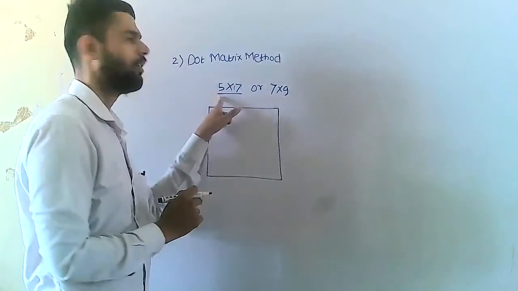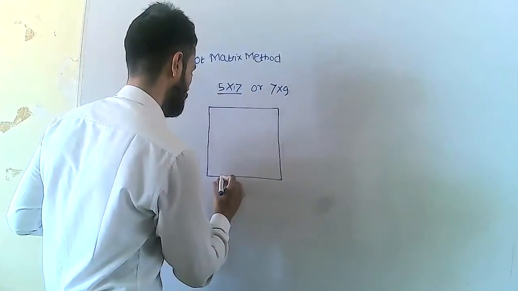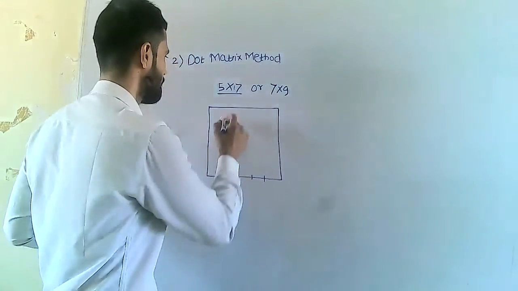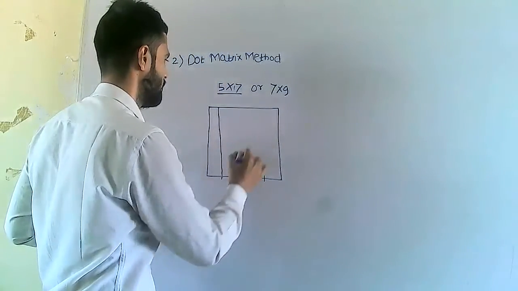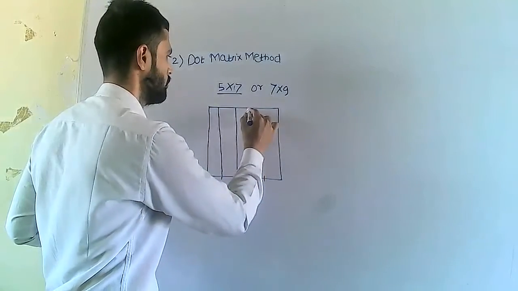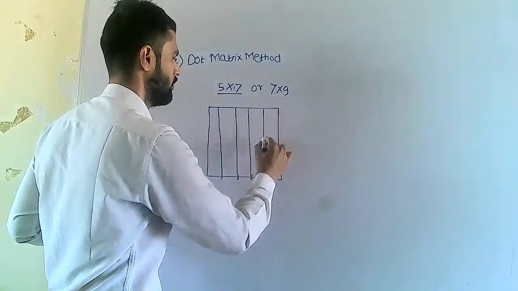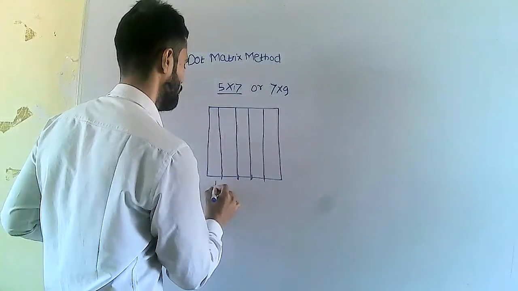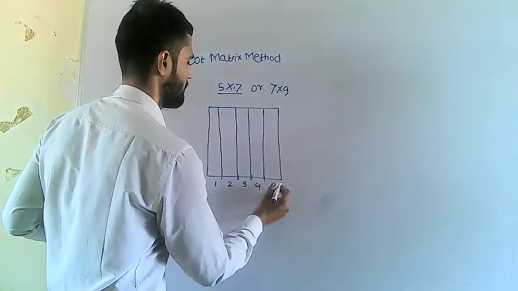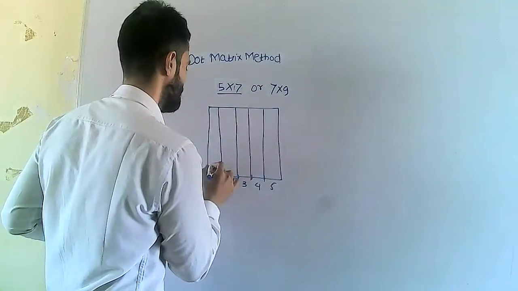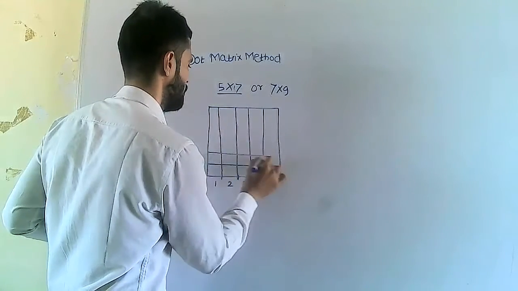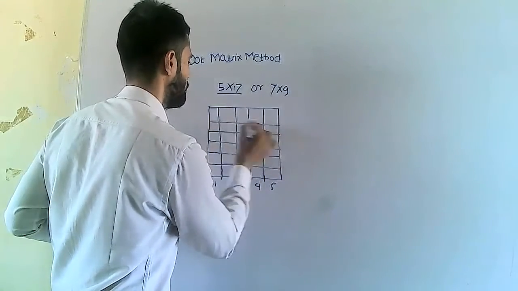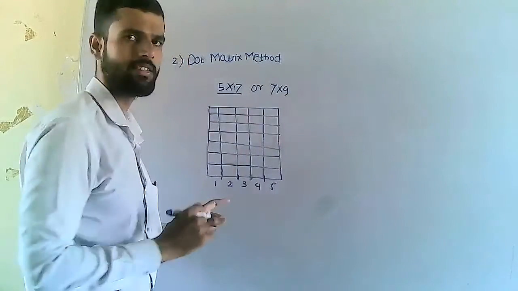It means we have to consider 5 columns: 1, 2, 3, 4, and 5, and 7 rows: 1, 2, 3, 4, 5, 6, and 7.